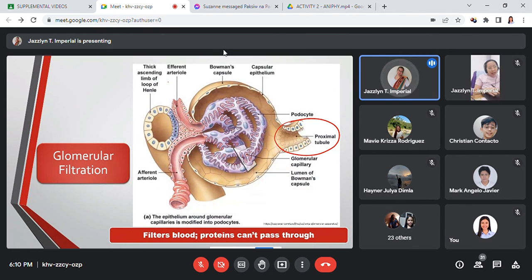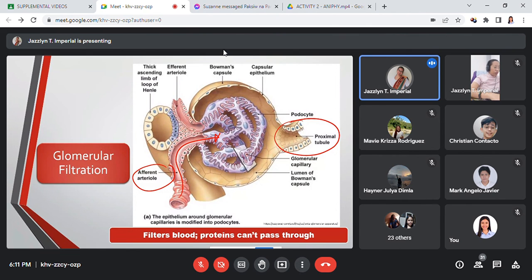And then kung saan galing siya from the afferent arteriole. Ayan. Papasok po yan doon sa inyong glomerular capillary. Okay? So this is where the actual filtration occurs. And it is, by the way, a passive process. Okay? So, yung mga solute nyo dyan yan filter out.